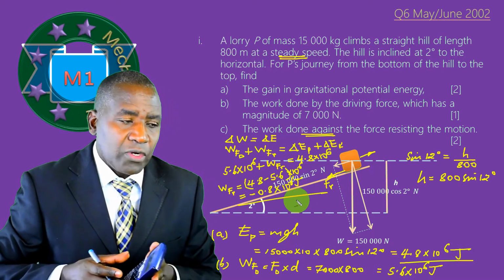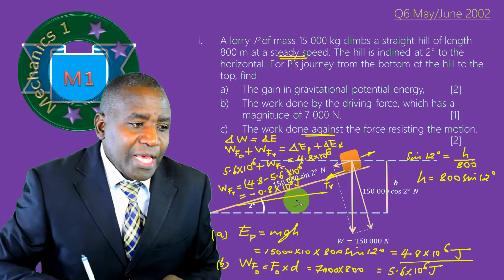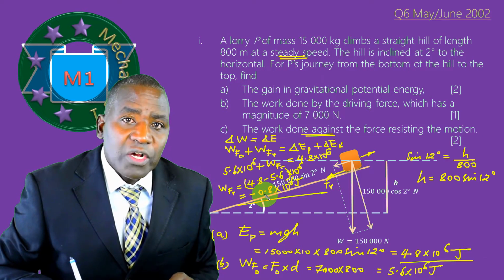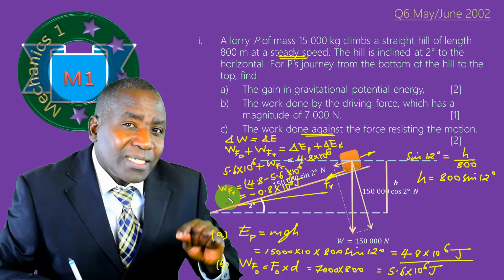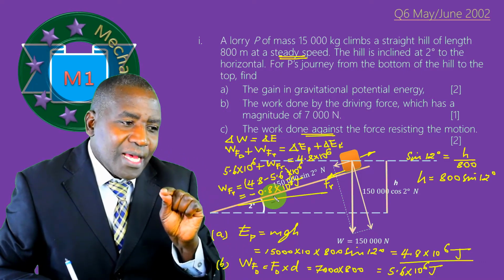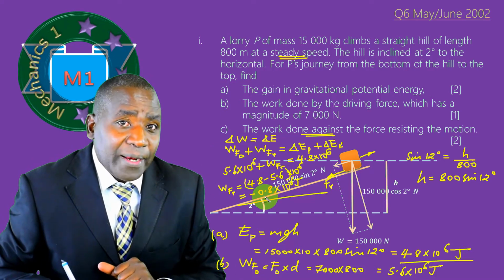It's a bit messy because of the space, but I hope you're following. The negative sign is because of the way I have defined this. This is work done by friction force. And because the distance and the friction force are in opposite directions, I expect the negative sign to come in.